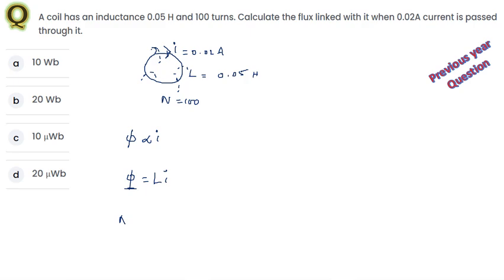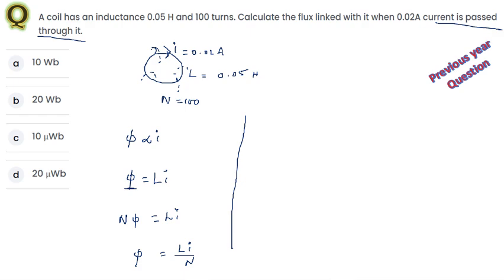If you have N number of coils, then N times flux is equal to L into I. What they are asking is the flux linked to the coil. So from this, flux is equal to L I divided by N. Now substitute all the values.